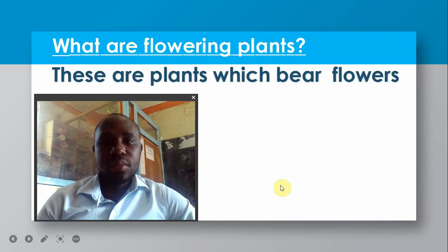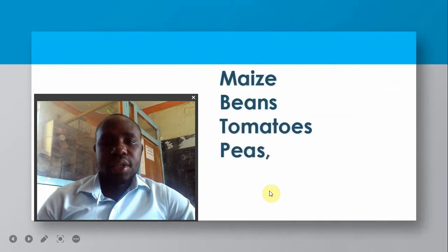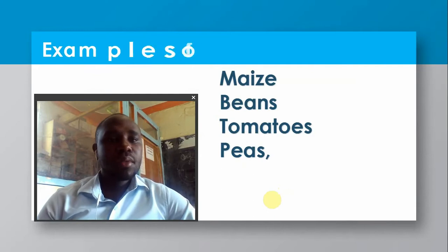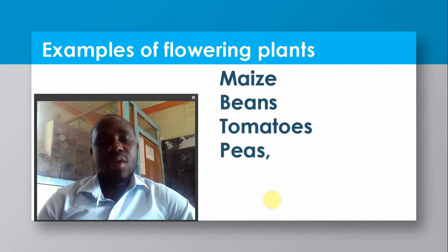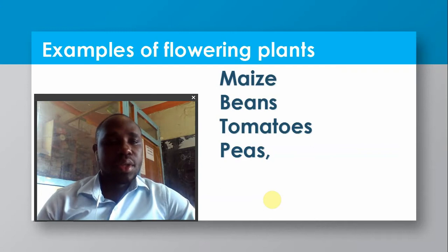Together, let's go on and look at some of the examples of flowering plants, plants which bear flowers. I've tried to give a few examples like maize, beans, tomatoes, peas, but the variety that we know.